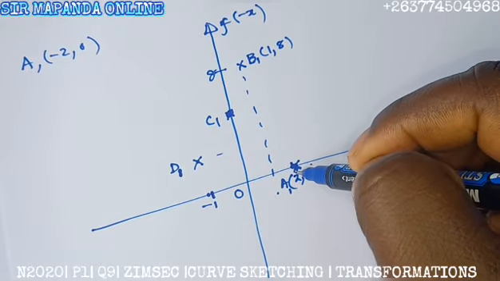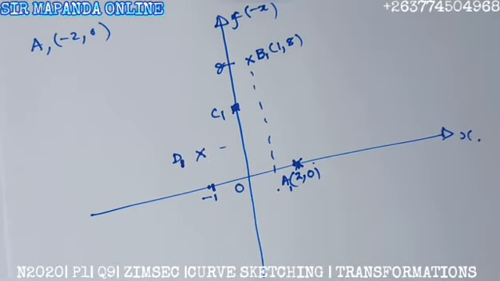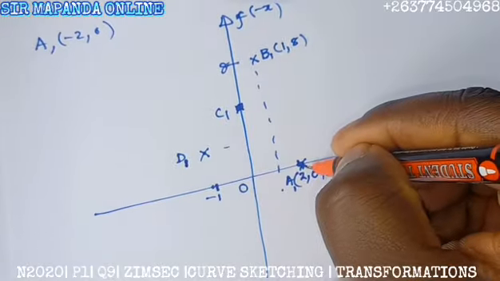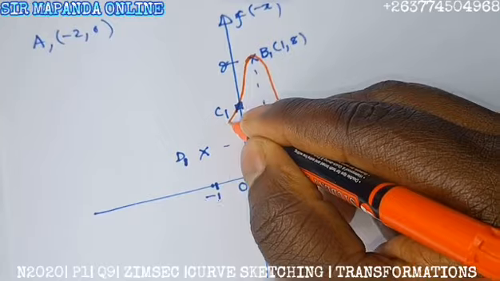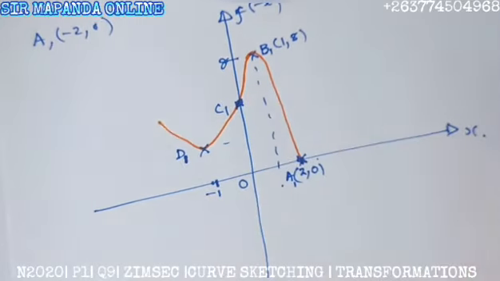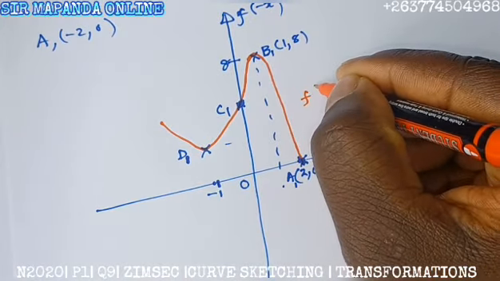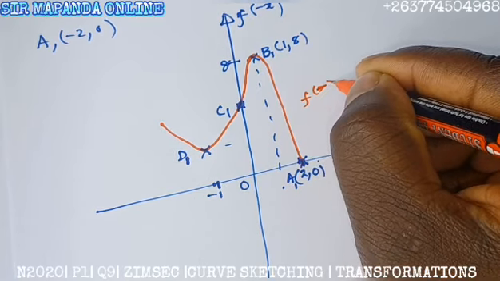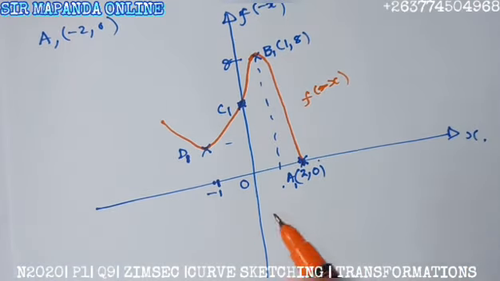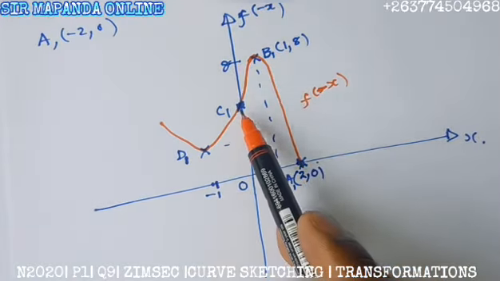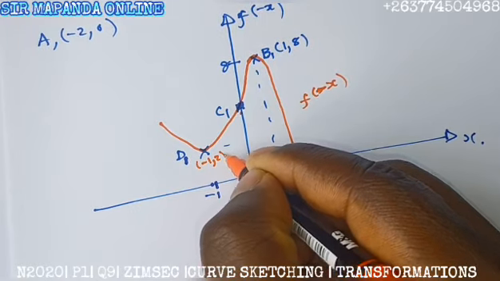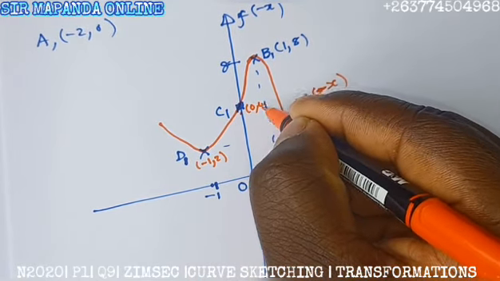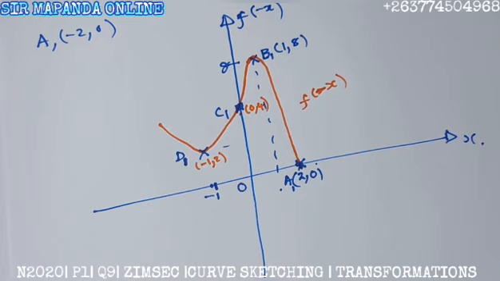So if we plot, your graph comes out like this. Like this. So this is y equals f of minus x. So this is your A1, B1, C1, and D1. So D1 is minus 1 and 2. C1 remains the same. Since it is on the mirror line, it is an invariant point. Then you are warm and dry.